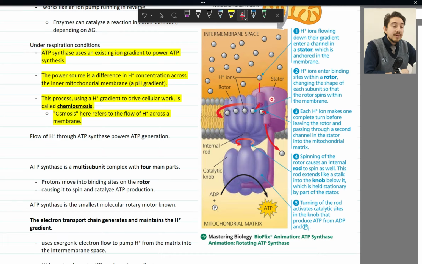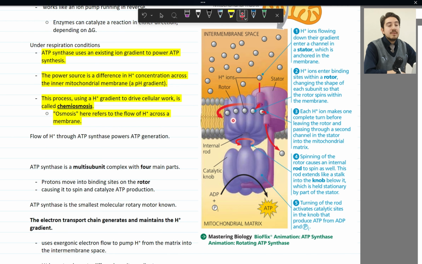And this is anchored directly to a membrane. Just like the mechanical motors we use, you have this stator, which is a stationary component of your motor.